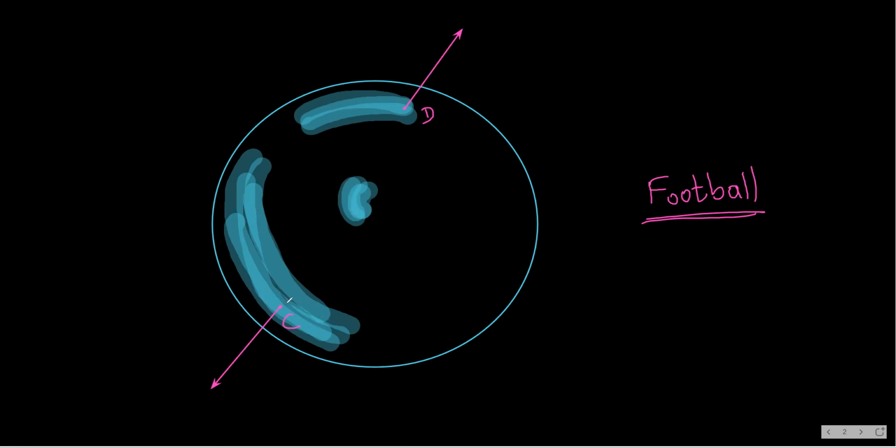The straight line will pierce through the football, and your football, sorry to say, will be punctured. Much of the straight line lies inside the football. It is not lying on the surface.